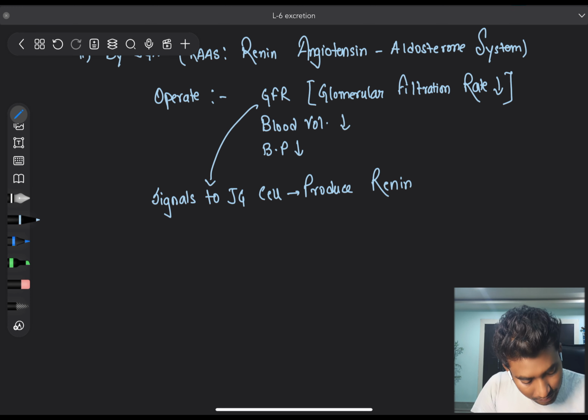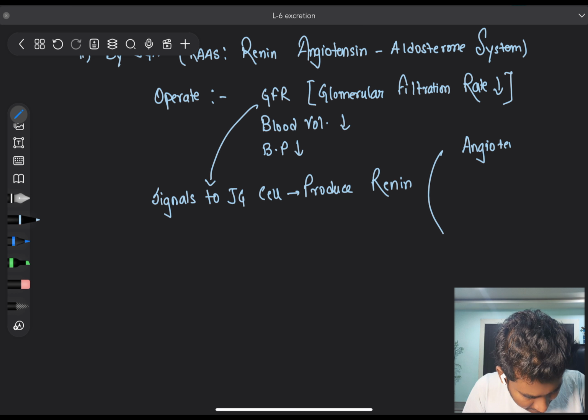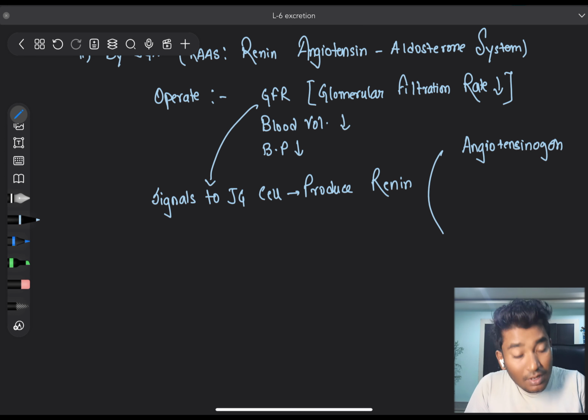Okay, so what does renin do? Renin converts angiotensinogen to angiotensin 1.